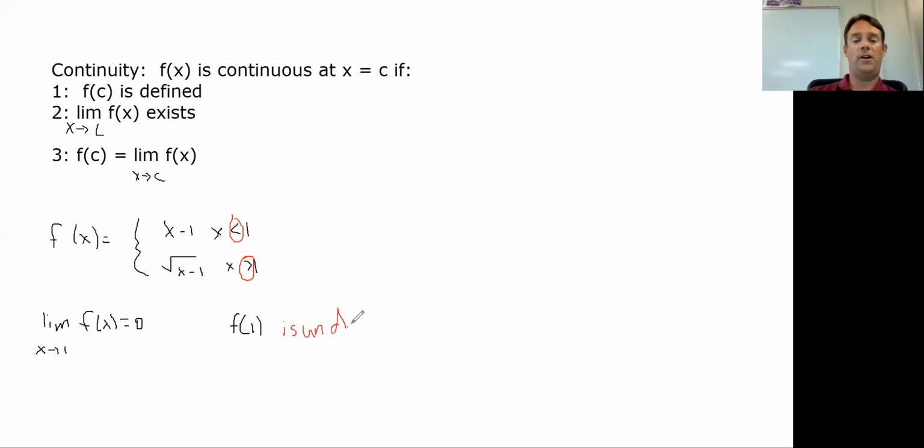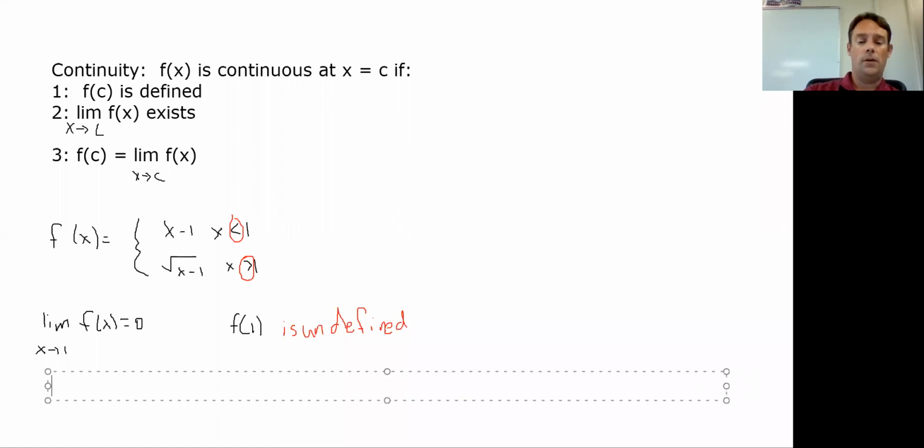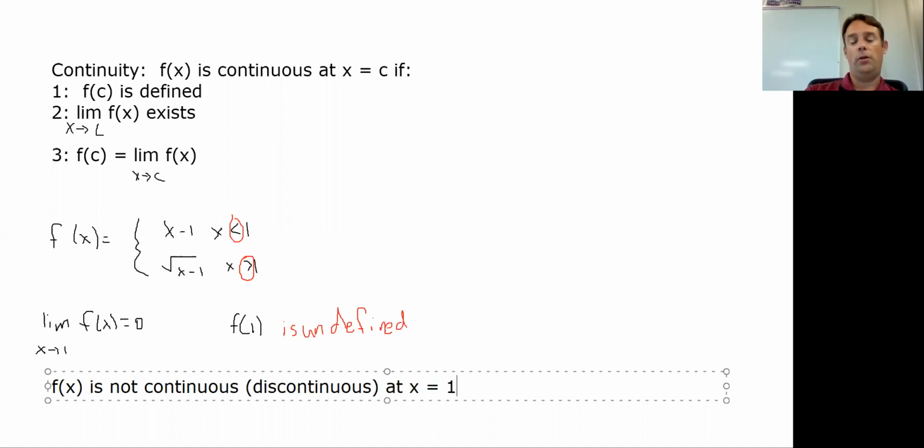And since it's undefined, even though the limit existed, but the function is undefined, we would have then gone back and said that f of x is not continuous, or discontinuous, you can use either one you want, at x equals 1 because f of 1 is undefined.